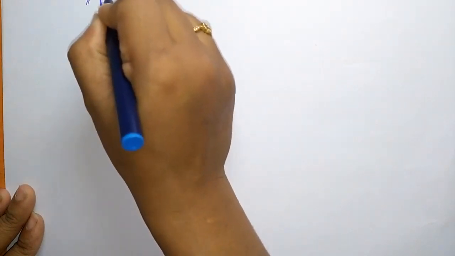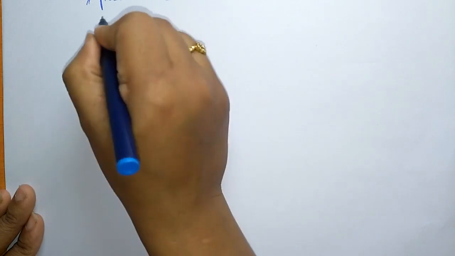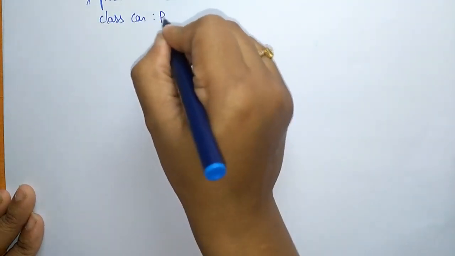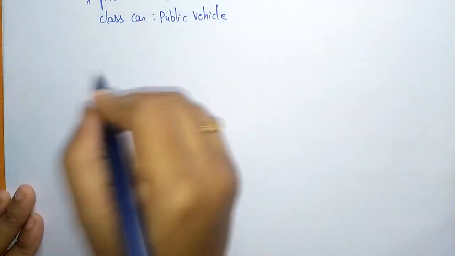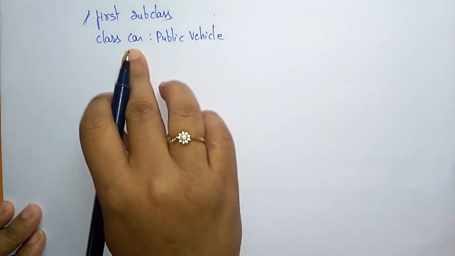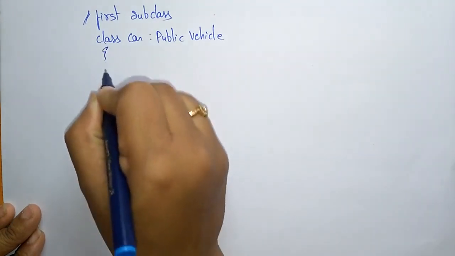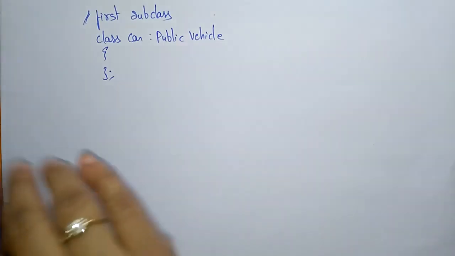Now coming to the first subclass, let us take class Car. Class Car inherits the first base class, that is public Vehicle, not public Fare. It inherits only from Vehicle. This is a subclass, and for this subclass Vehicle is the base class. I am not writing anything because it inherits whatever the message is in Vehicle.